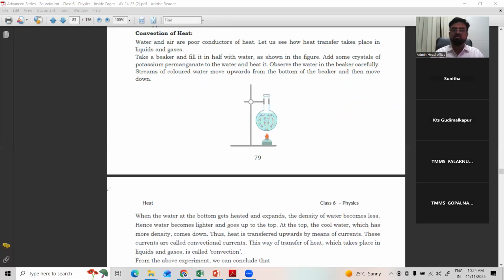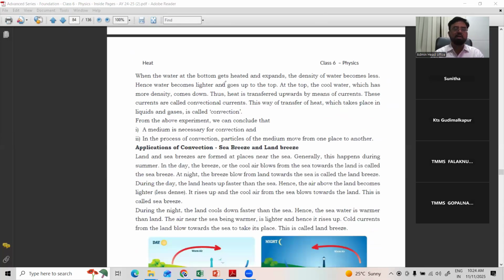To observe carefully, instead of the normal water bubbles, they add potassium permanganate to see colors. When the water at the bottom gets heated and expands, its density becomes less after heating. Hence, the water becomes lighter and rises to the top, meaning the bottom water comes up.